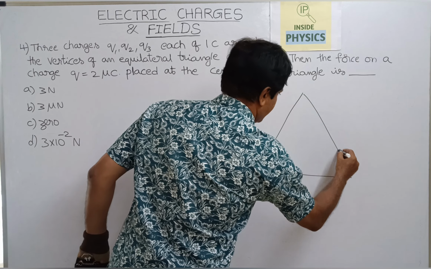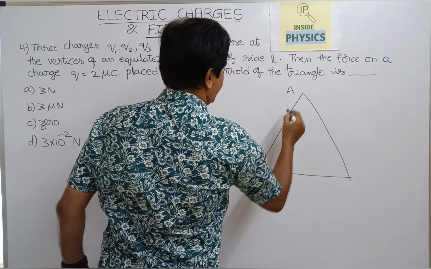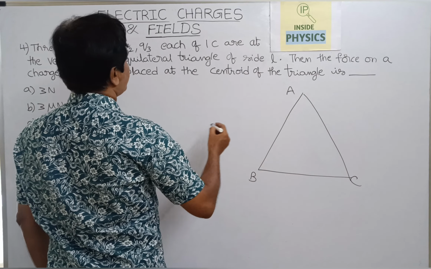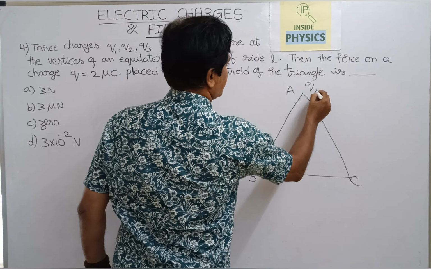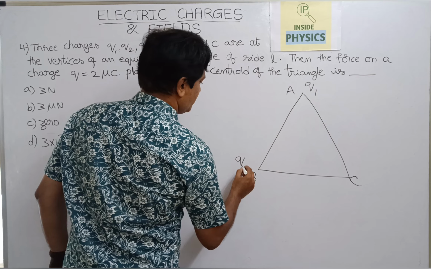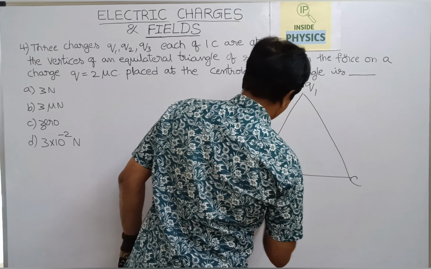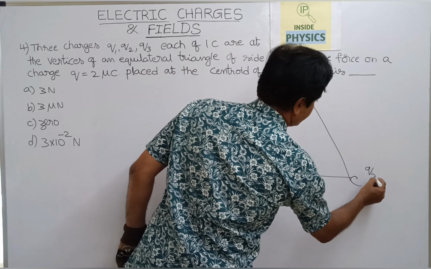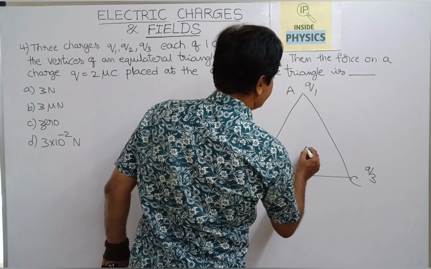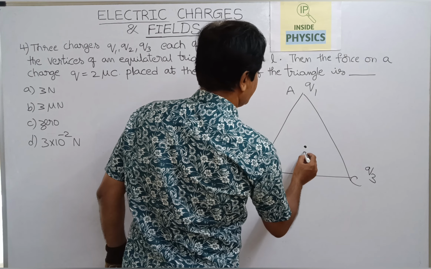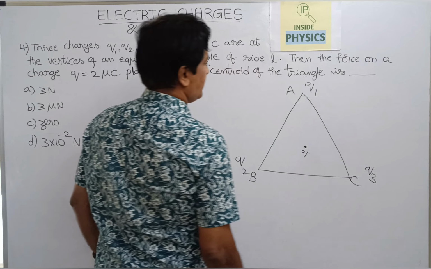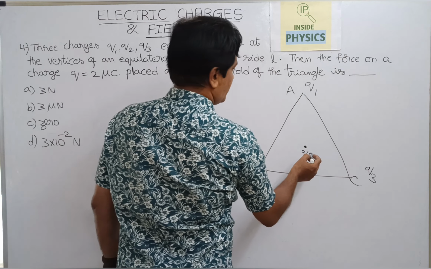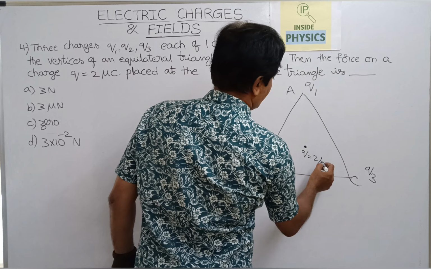There are three vertices, we assume A, B, C, and the three charges Q1, Q2, Q3 are placed at them. At the centroid there is a charge placed, taken as small q, given by 2 microcoulombs.